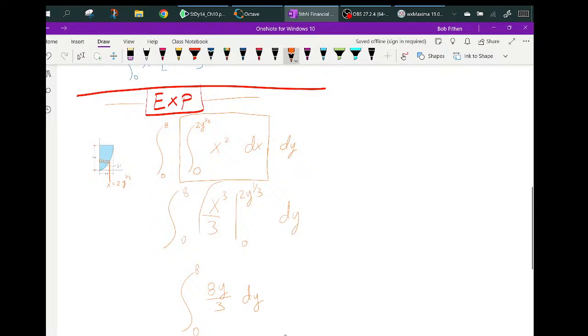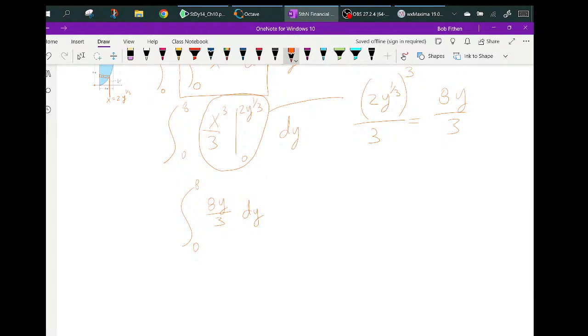If I plug 0 in here, I get nothing. So that thing should be 2 y to the 1/3, to the 3rd power, over 3. So 2 to the 3rd power is 8, y to the 3/3 is just y, and then you get a third. That is what's stuck right here.